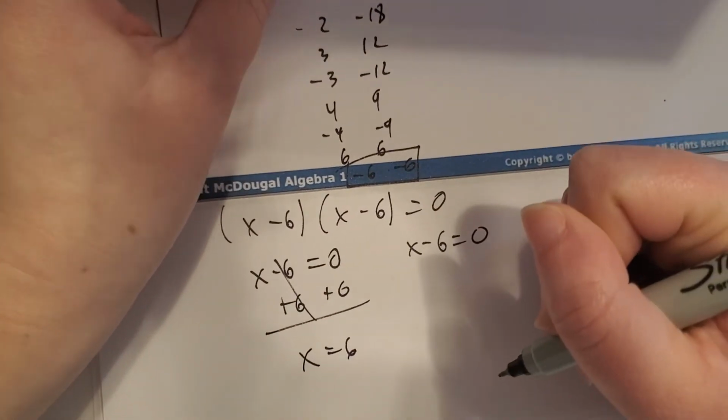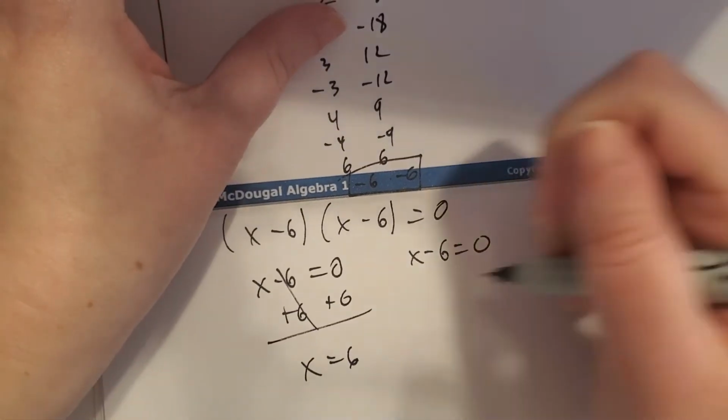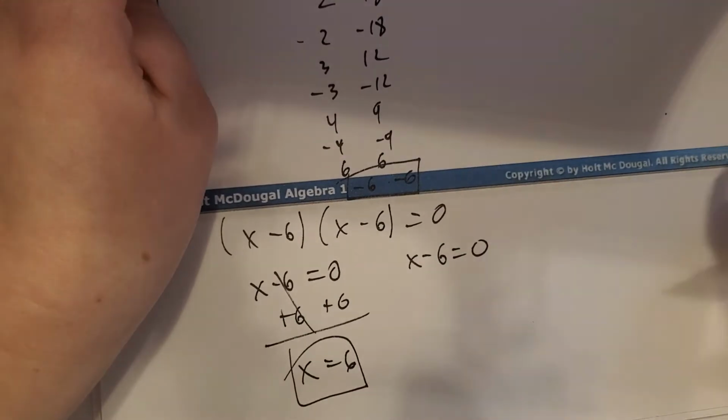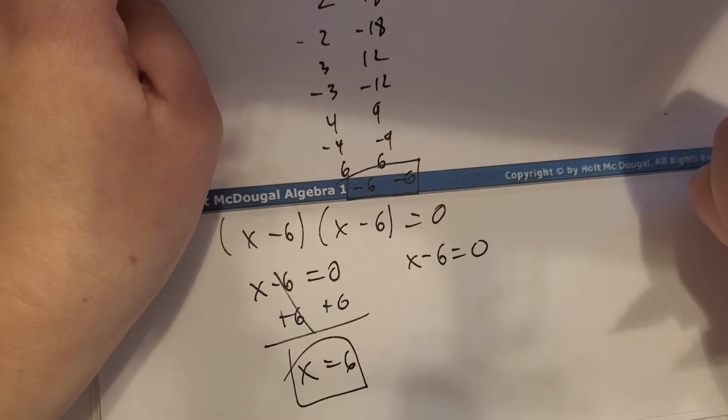And this is one of those situations that I was talking about before where you're only going to get one answer because you're just going to get the same answer twice. So this is a situation where your quadratic equation only has one solution.